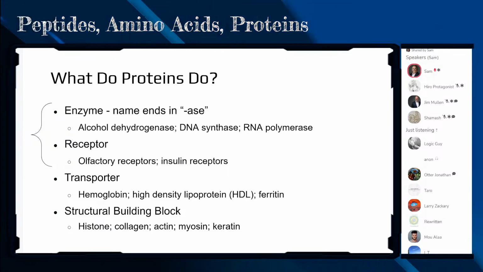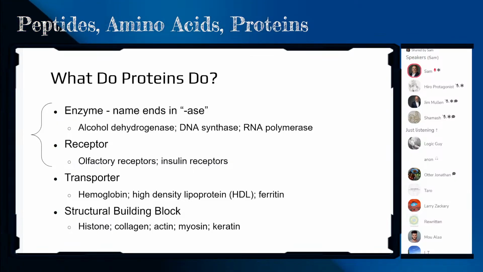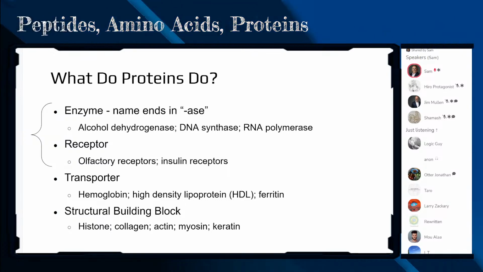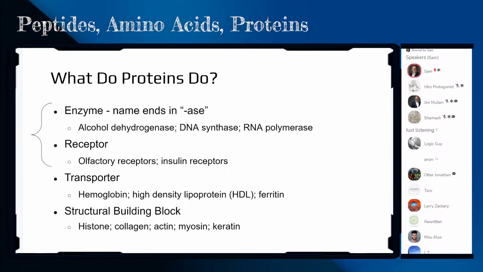Those are just examples. They can be receptors. These receptors are on the surface of cells or the surface of nuclear envelopes. They bind to a signal molecule, a molecule that is outside of the cell, comes and binds to them, and that starts a cascade of reactions that ends up doing what the cell is doing.